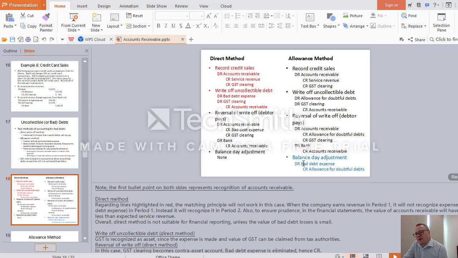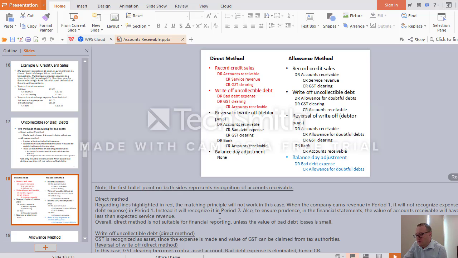So bad debt expense is an expense account. It has a normal debit balance. What about allowance for doubtful debts? Allowance for doubtful debts is a contra asset account. You remember, if we talk about depreciation, the asset, equipment for example, has a normal debit balance.